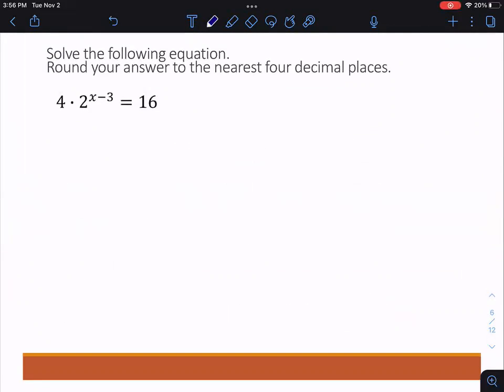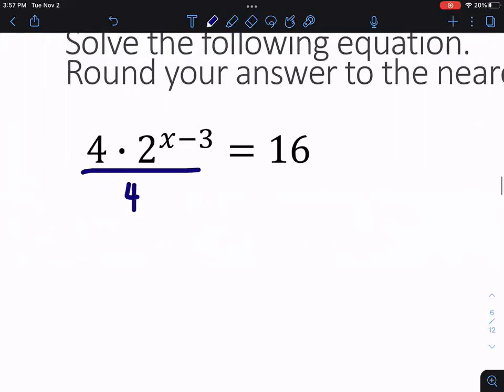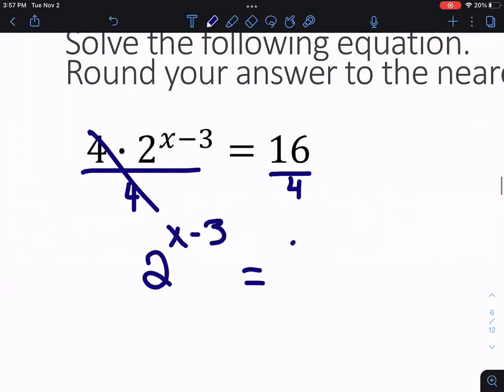Take a moment and pause the video and see if you can work through the following equation. So first step would be to divide both sides by 4. It's going to give you 2 to the x minus 3 power equals 4.